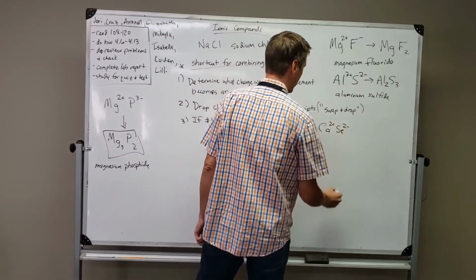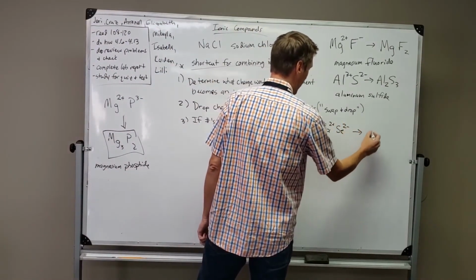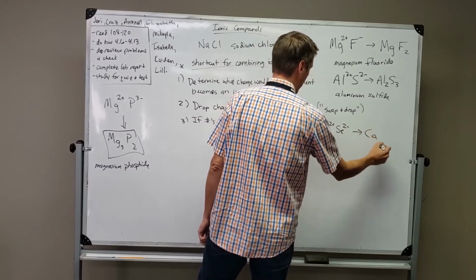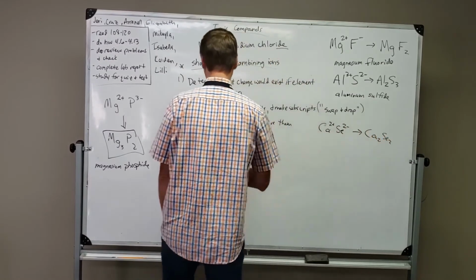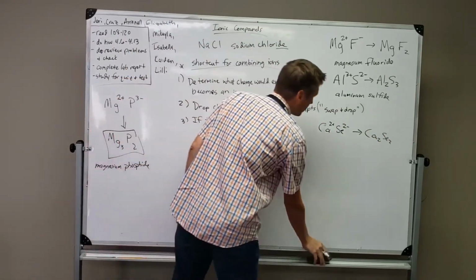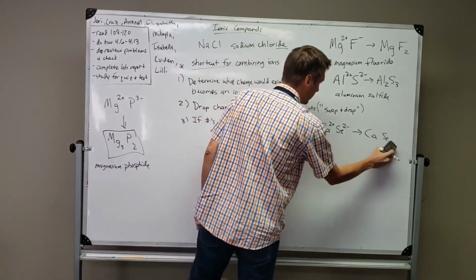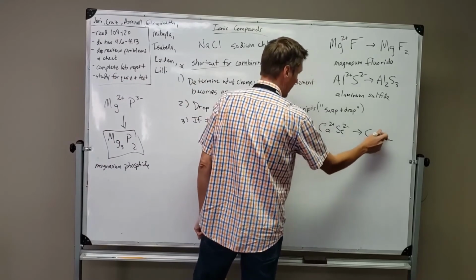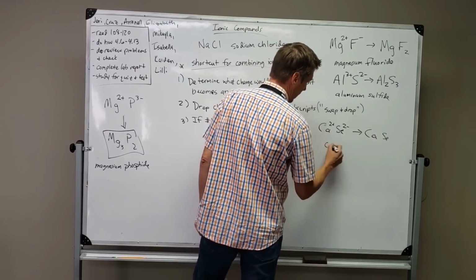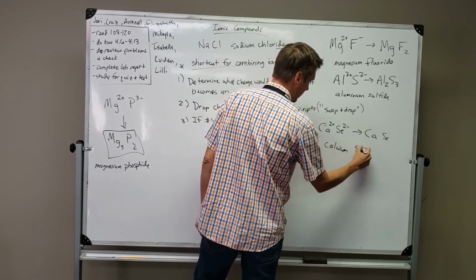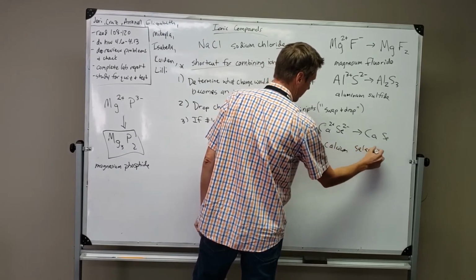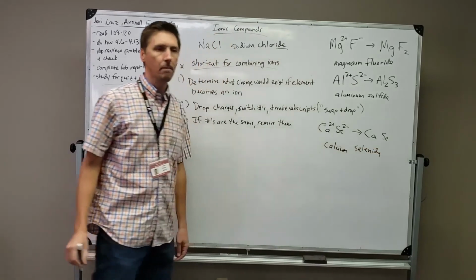It needs 2 electrons. So when we swap those, it becomes Ca2Se2, but like I said, if the numbers are the same, remove them. So we just remove the numbers when they're the same. So it's just CaSe, and it's calcium selenide. It's kind of a weird one. Right?